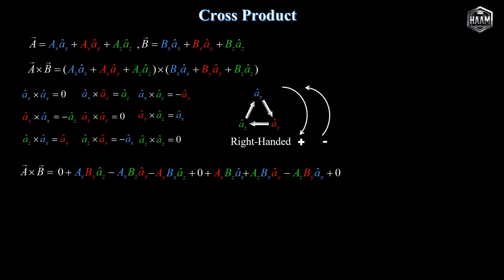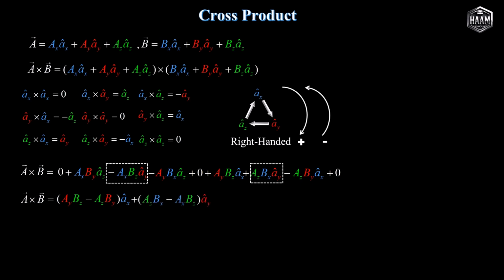Grouping the non-zero terms pairwise by their unit vector directions yields A cross B equals open parentheses A sub y B sub z minus A sub z B sub y close parentheses A hat sub x plus open parentheses A sub z B sub x minus A sub x B sub z close parentheses A hat sub y plus open parentheses A sub x B sub y minus A sub y B sub x close parentheses A hat sub z.